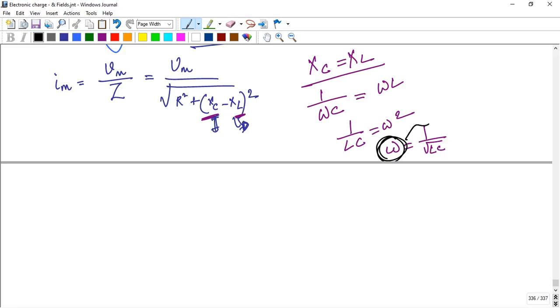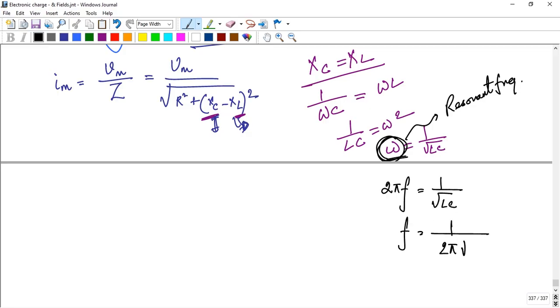Since angular frequency is 2 pi f, the linear frequency is f equals 1 over 2 pi root LC.